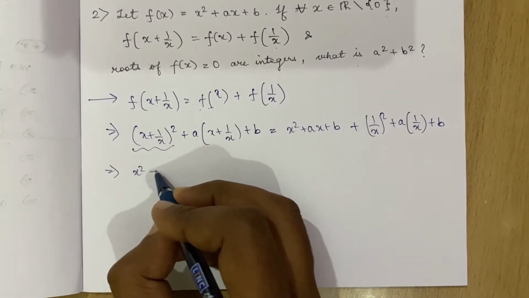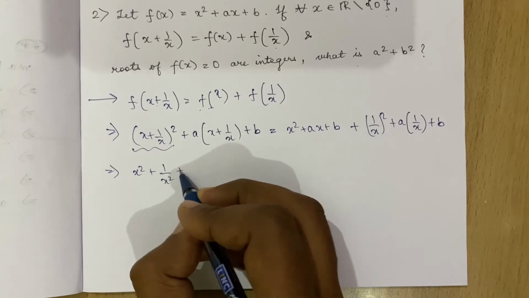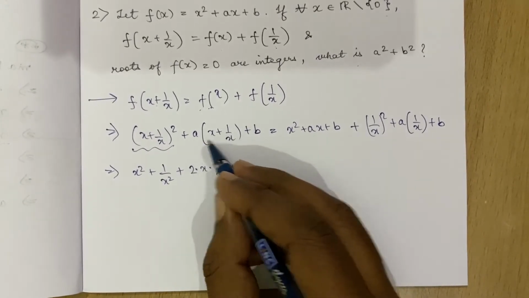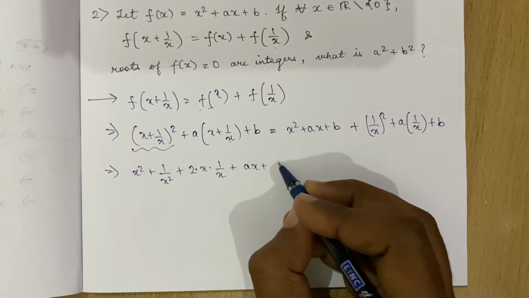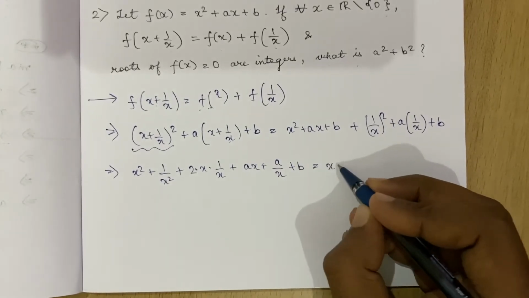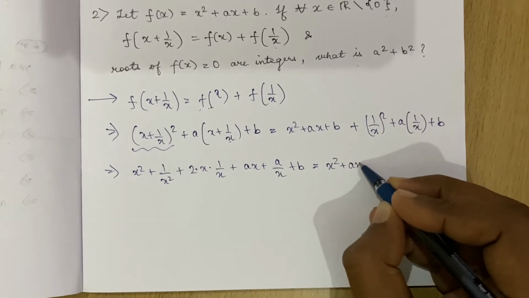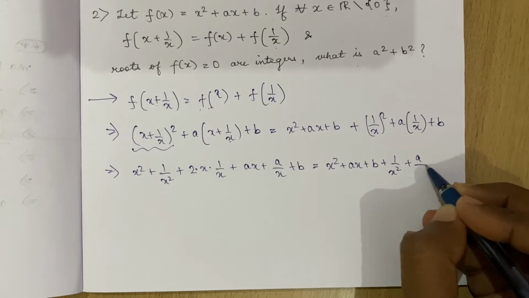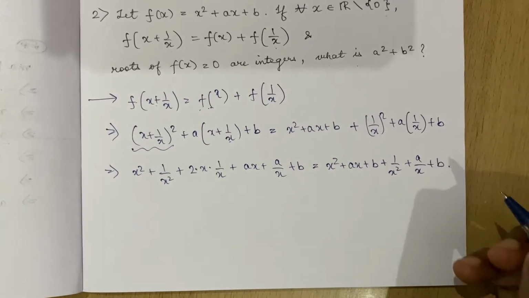This is x² + 1/x² + 2x·(1/x) + ax + a/x + b, equal to x² + ax + b + 1/x² + a/x + b.